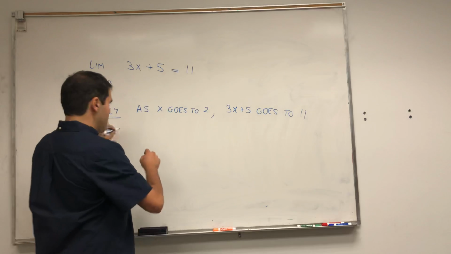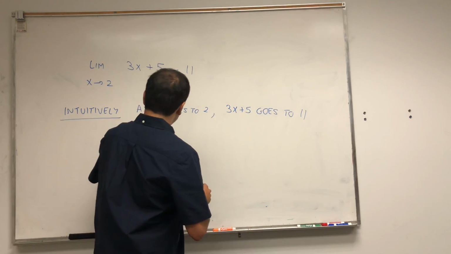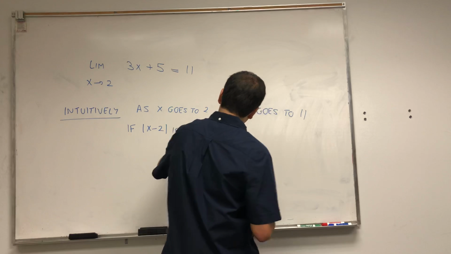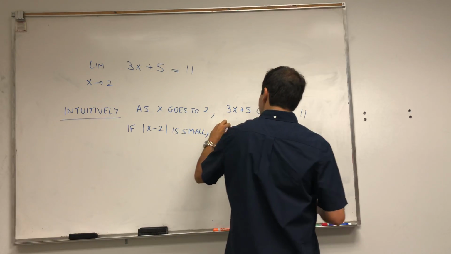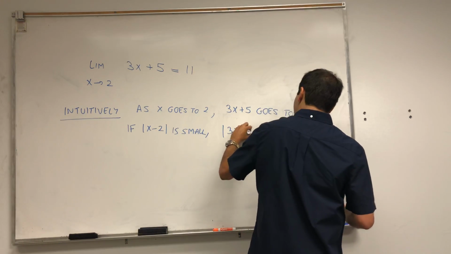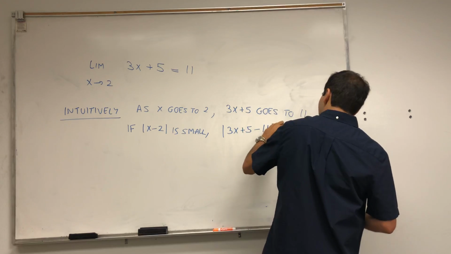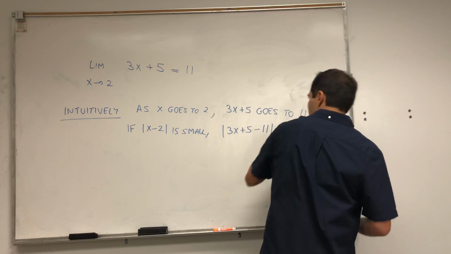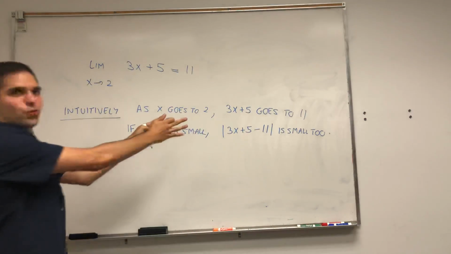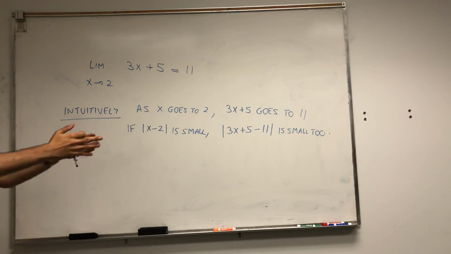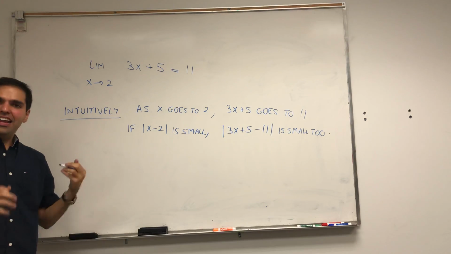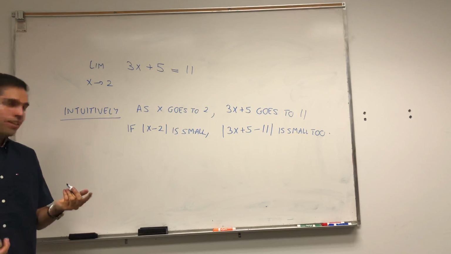So in other words, if x minus 2 is small, the difference of the outputs is small as well. So 3x plus 5 minus 11 is small too. As x goes to 2, 3x plus 5 goes to 11. That's the intuitive definition. And now we want to make this more rigorous.